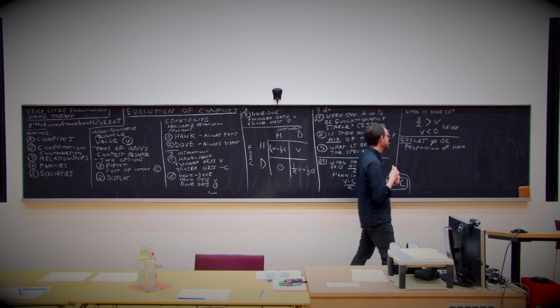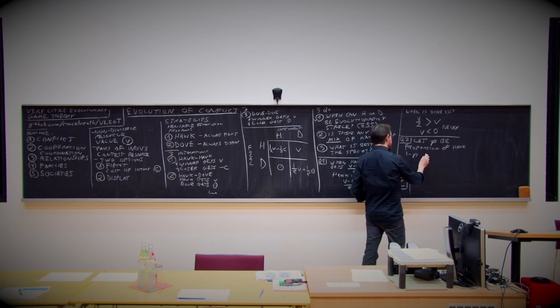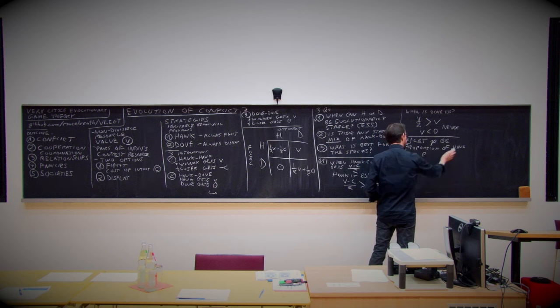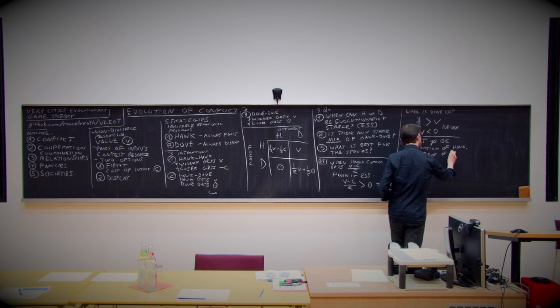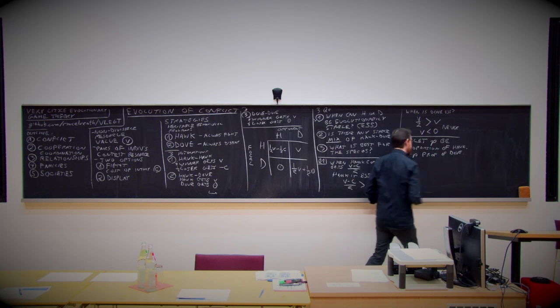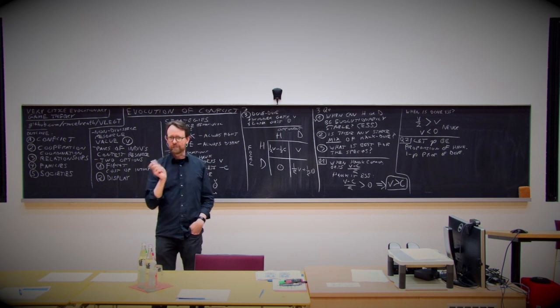But this works for our stupid model. That means that 1 minus p is the proportion of dove, because there's only 2 types. So we only need 1 symbol.